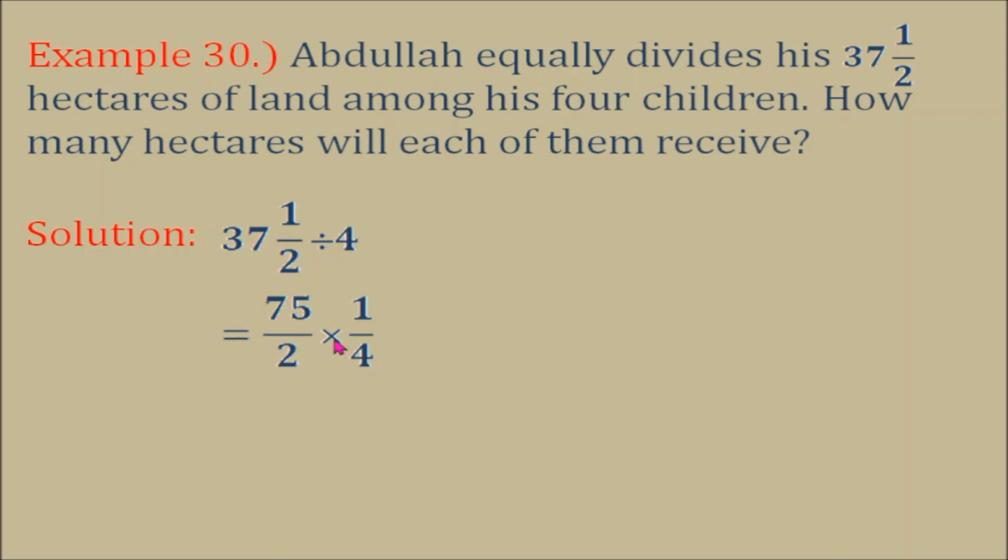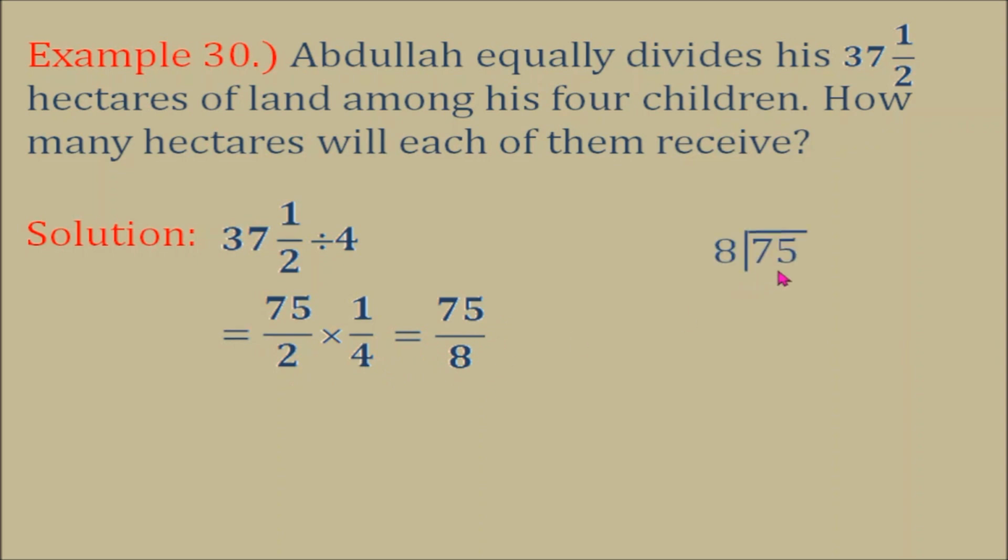Now, looking at the numerators and the denominators, we don't have common factors. So we proceed to multiplying the numerators and multiplying the denominators. So 75 times 1 equals 75. 2 times 4 is 8.